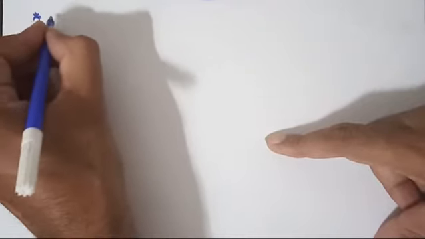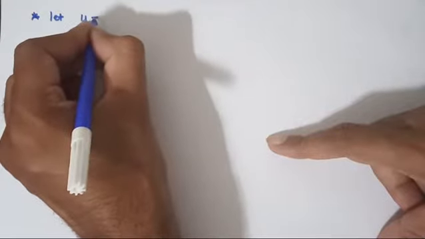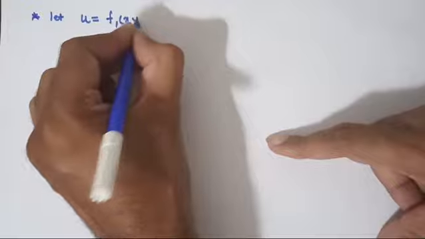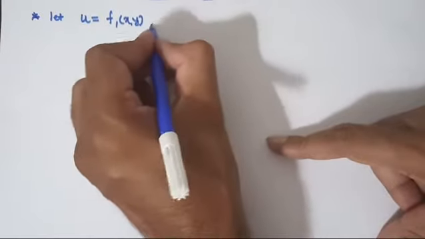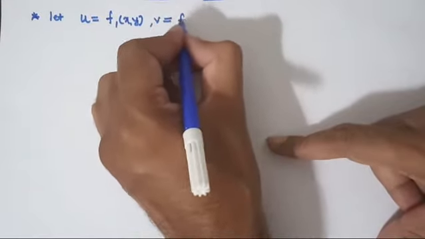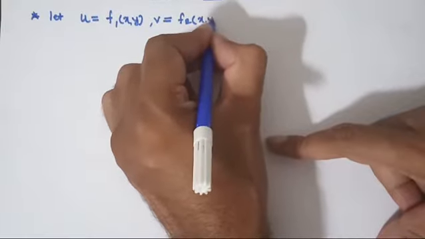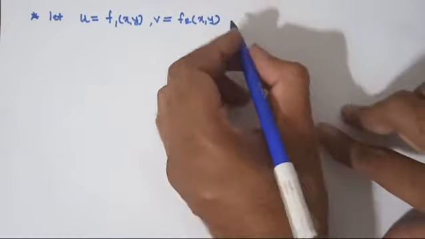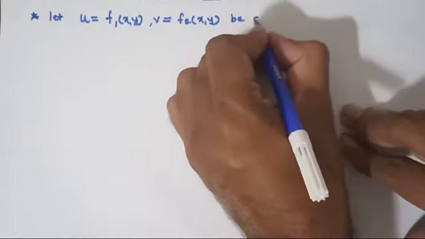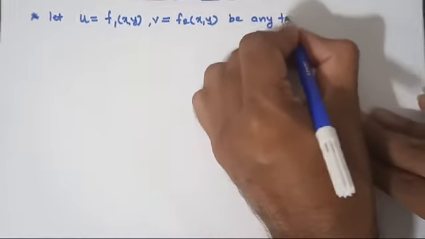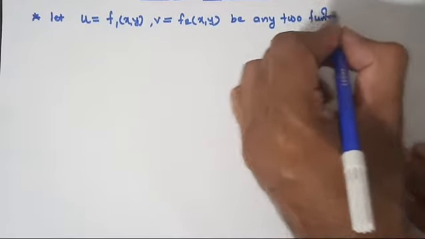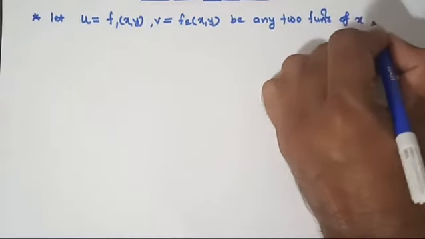Suppose u is a function of two variables x and y, and v is also a function of two variables x and y. These are any two functions of x and y.